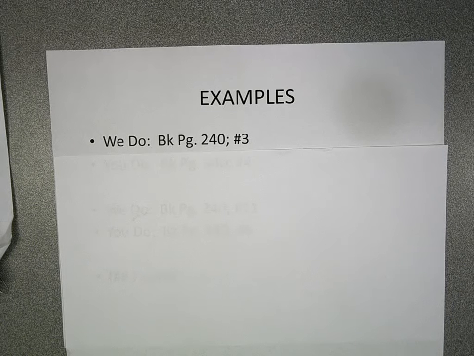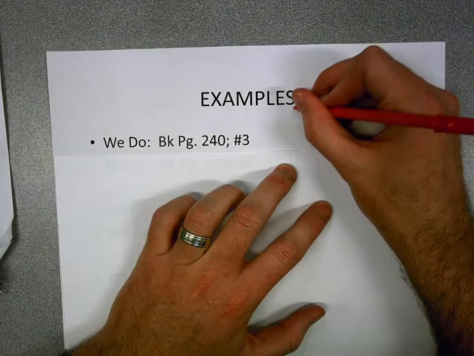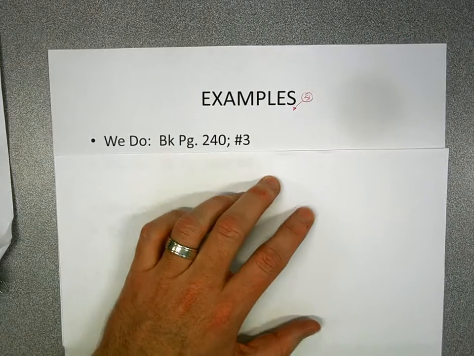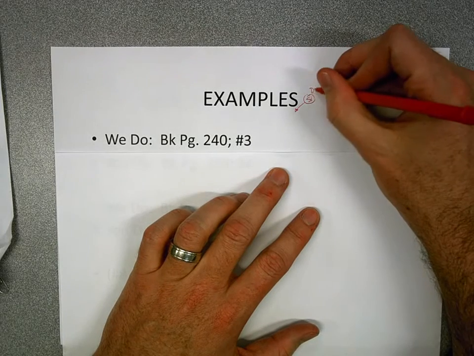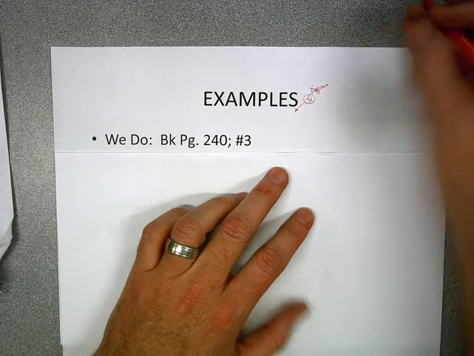Some of you might be looking at it and going, wait, what? Well, let me describe how this is going to create similar figures. Step one is this. I'm going to draw a diagram of both of these figures.